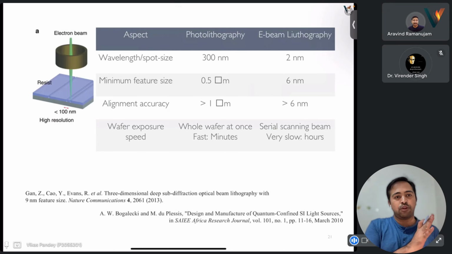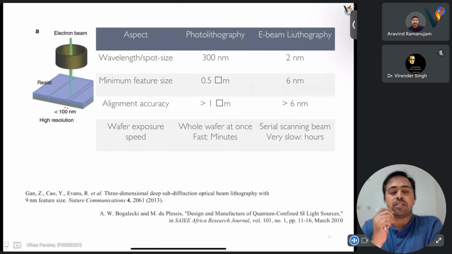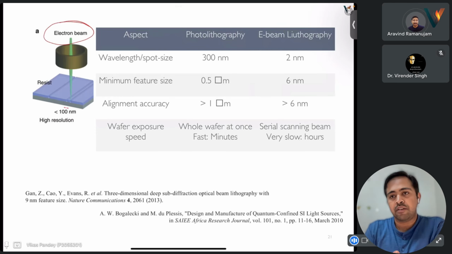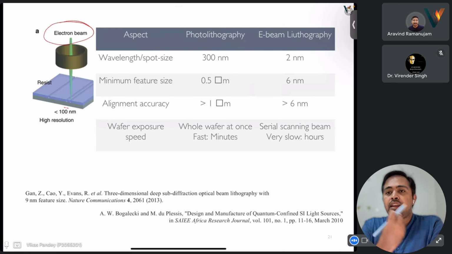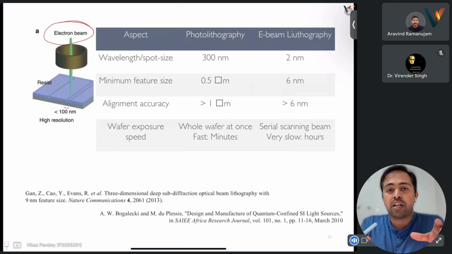But let's see how it is a bit different. First, we have to understand the difference between photolithography and e-beam lithography. The difference is just the source. Instead of light, here we are using an electron beam as the source to expose. And since it is an electron beam, we cannot go for complete exposure at once.